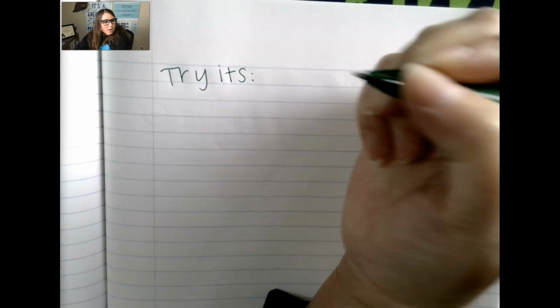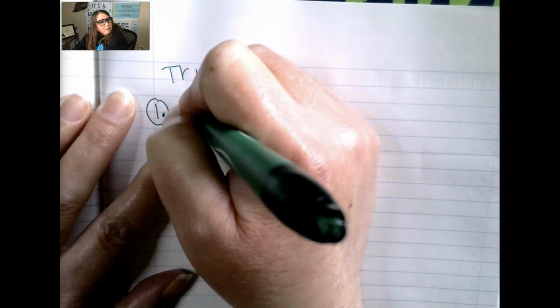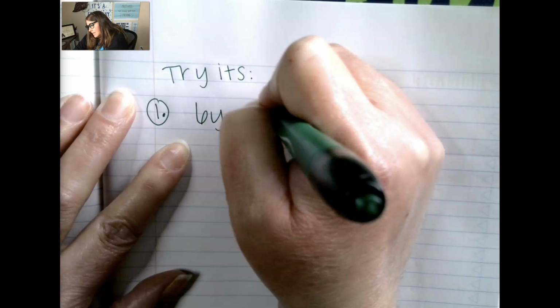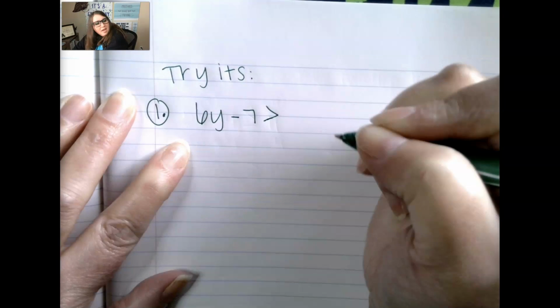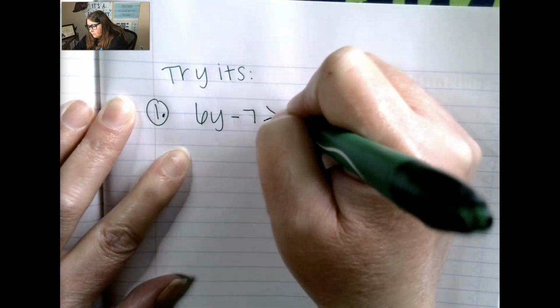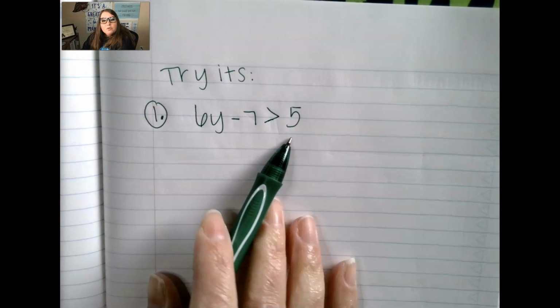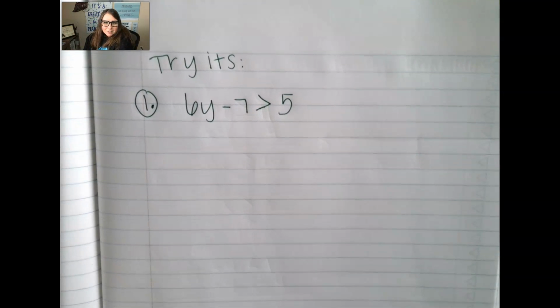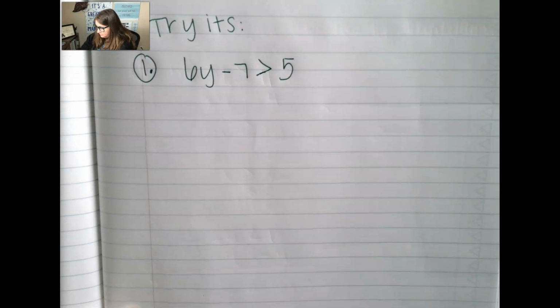All right, here are the triads. Triad number 1 says 6y minus 7 is greater than 5. So no 4s in this triad. I know, all of them had 4s, so let's do one without 4s.